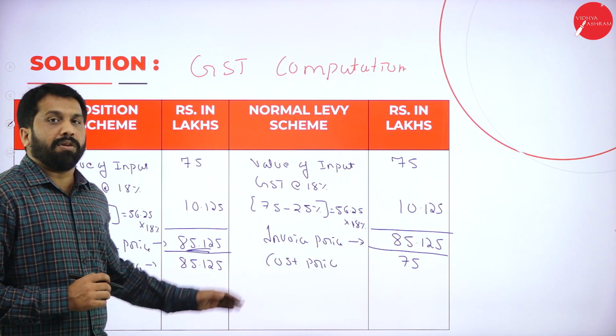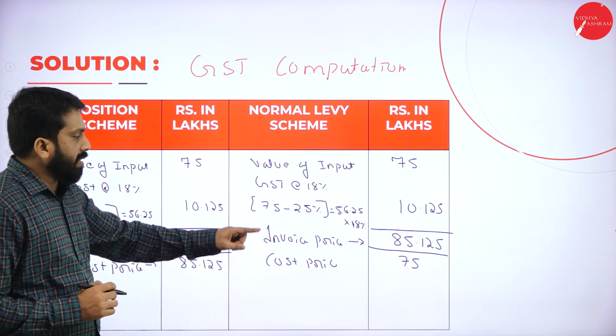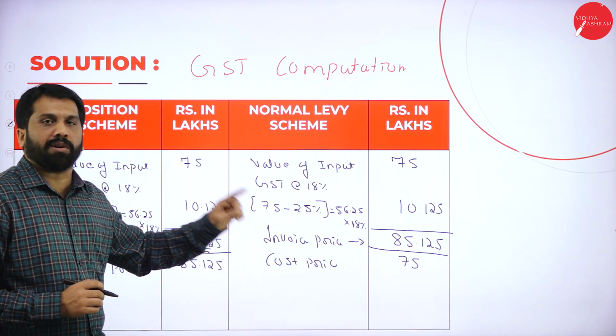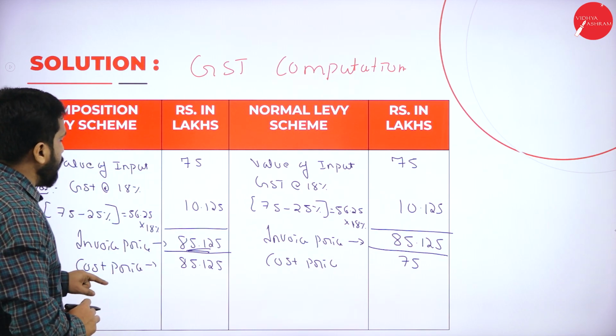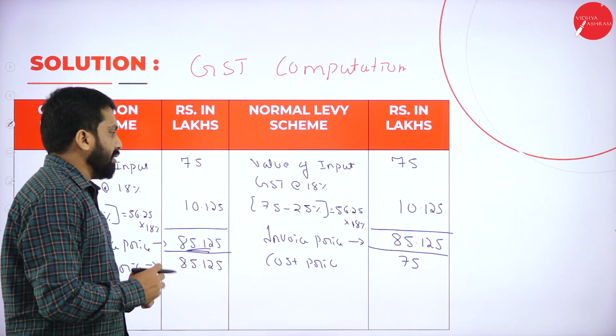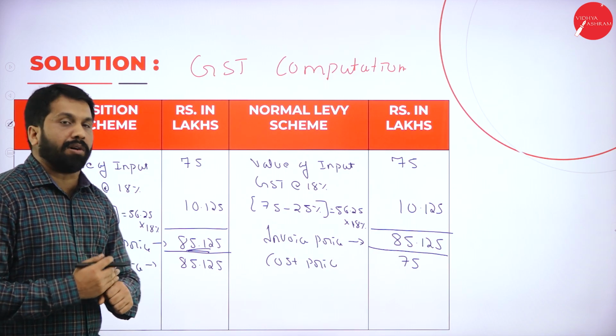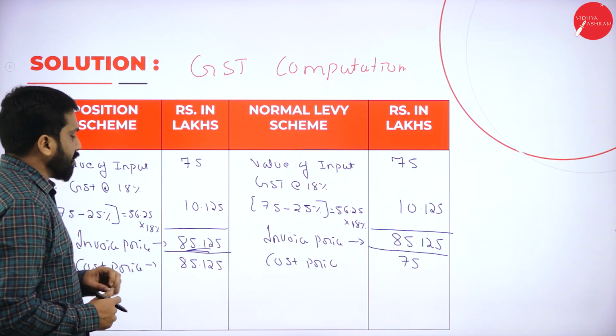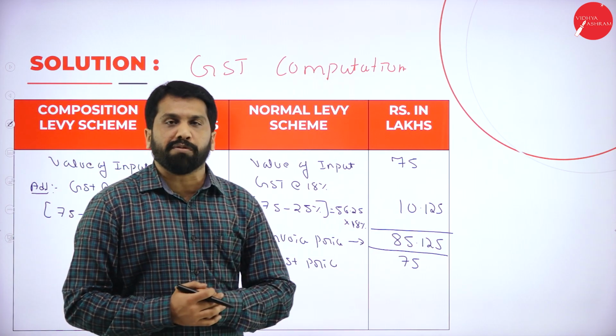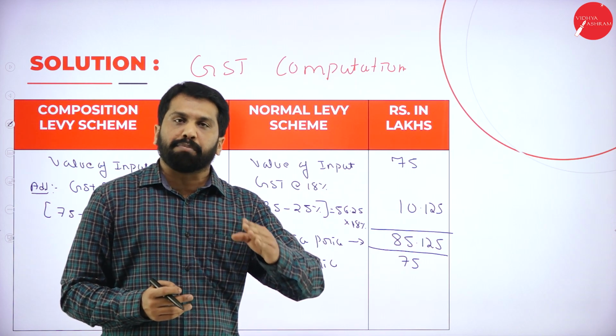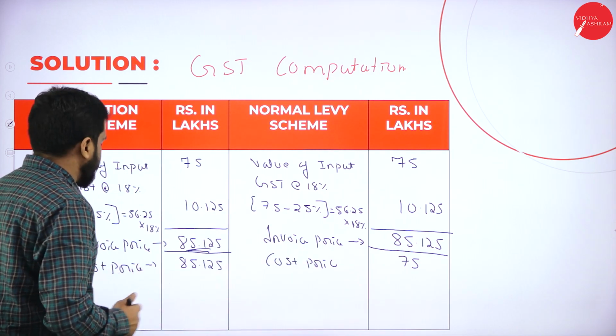Hope you are clear. 75 rupees is your cost price. Now, you have done with all this calculation. After calculating cost price, we need selling price. How to find out selling price? Add profit, you will get selling price.